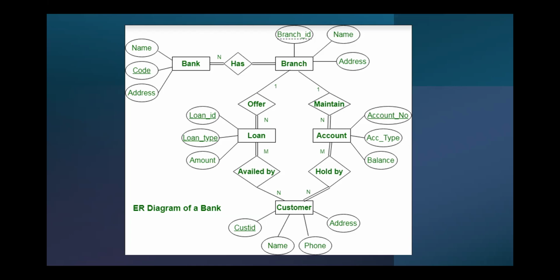Accounts are like saving account, current account, etc. So this sequence of things is called an ER diagram. The first thing to do is always to put together the entities, then put their attributes, and then link them through relationships.